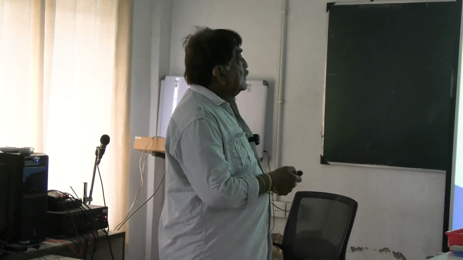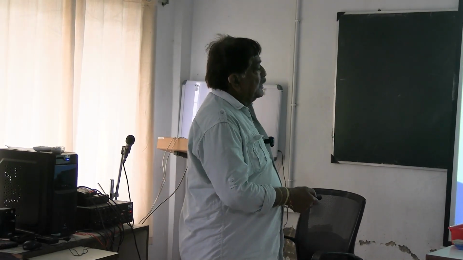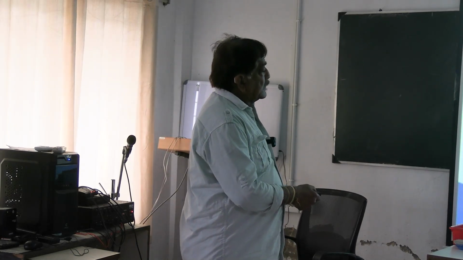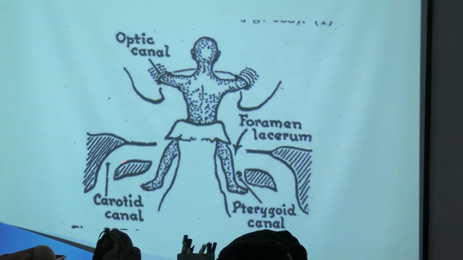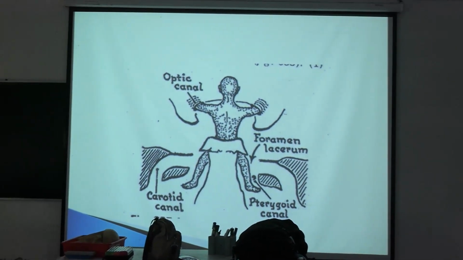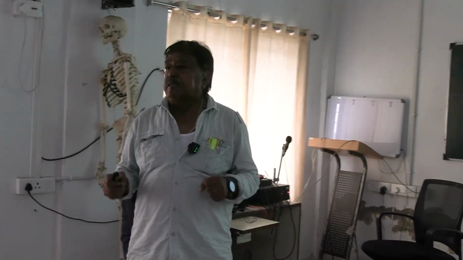Now, the optic canal, the foramen lacerum, the pterygoid canal is here, the carotid canal is here. And see, it is a saddle. The man is sitting on a saddle.